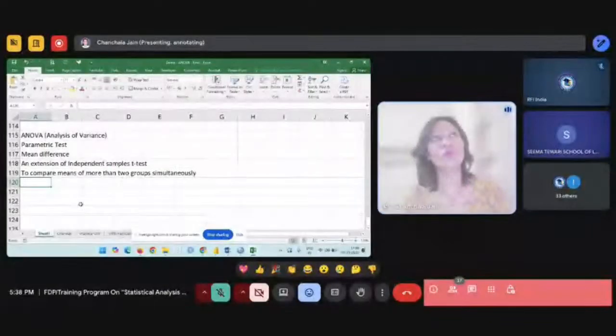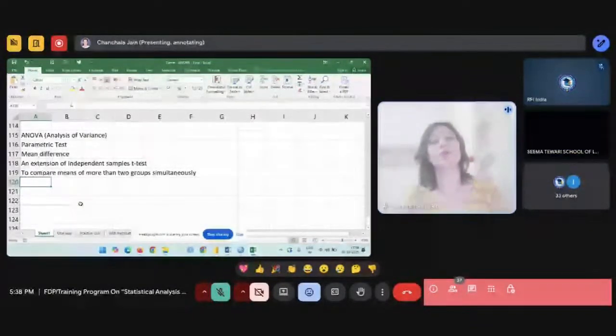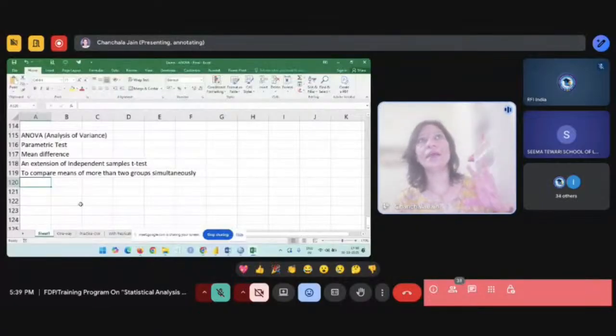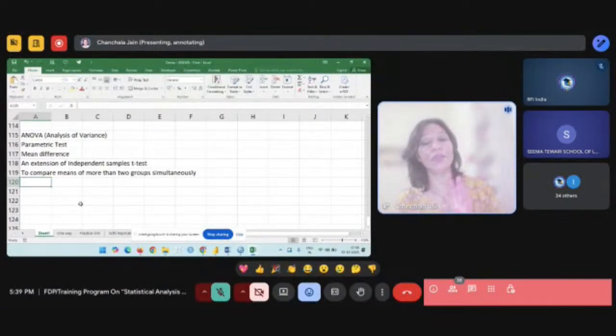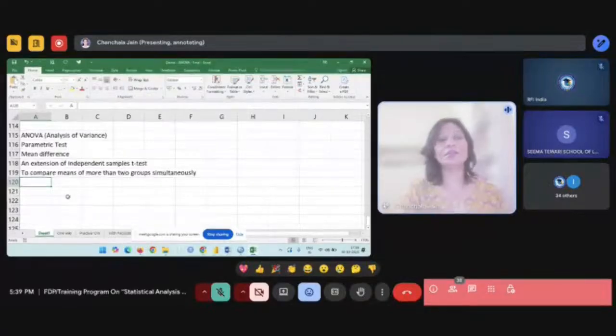If you have seen the output of ANOVA, in the output table we get between groups and within groups. So we need to compare the within-group variance and the between-group variance in the mean. Fine, so that way it is ANOVA.